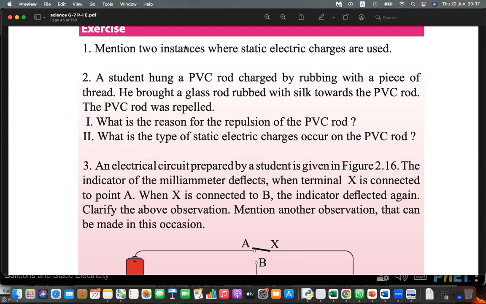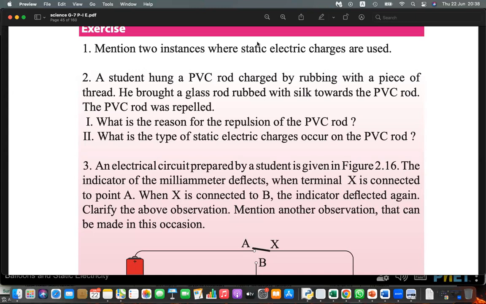Any other thing? Radios. Radios, how? Yes, capacitors.